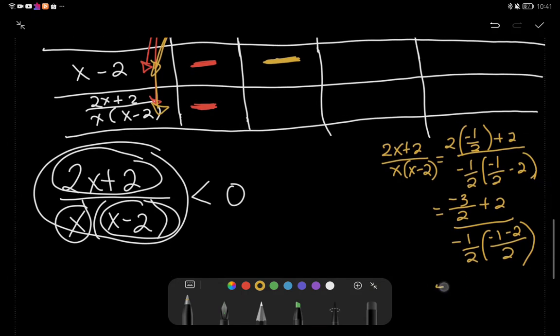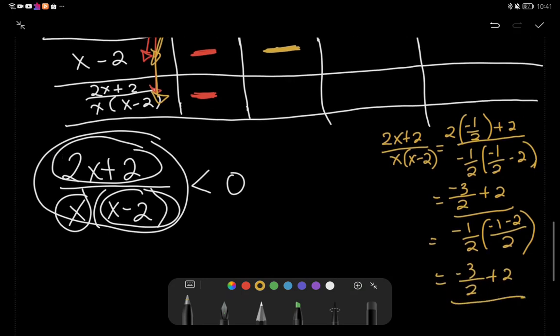Now, let's continue. This is negative 3/2 plus 2 over, now, let's have it by its LCD or the GCF. So, 2 divided by 2, 1 times negative 3. That's negative 3. 2 divided by 1, that is 2 times 2, that becomes positive 4 rather.